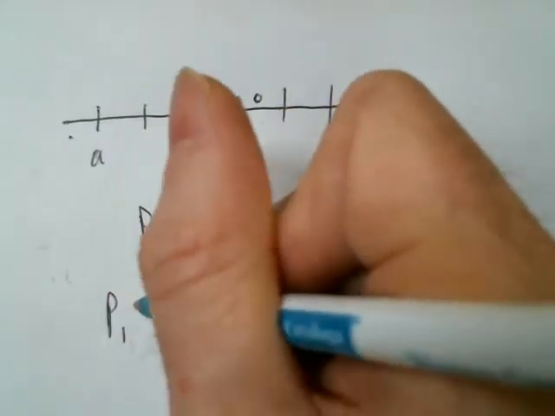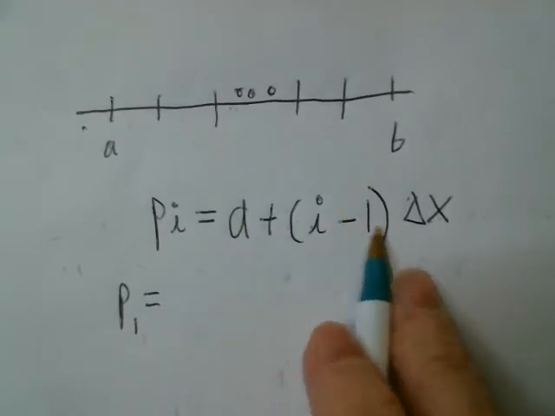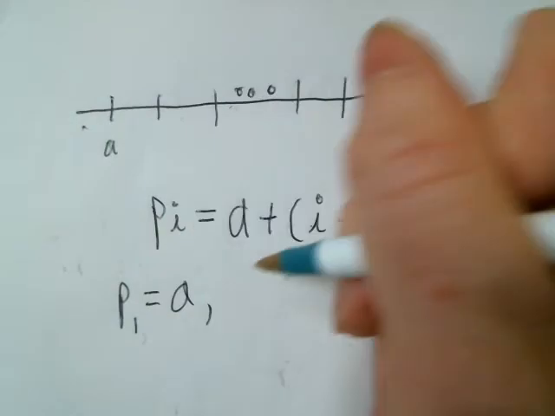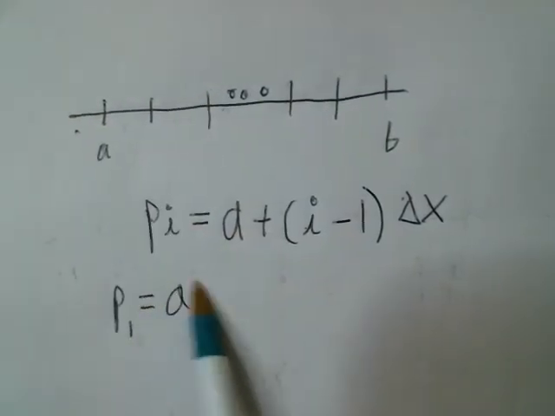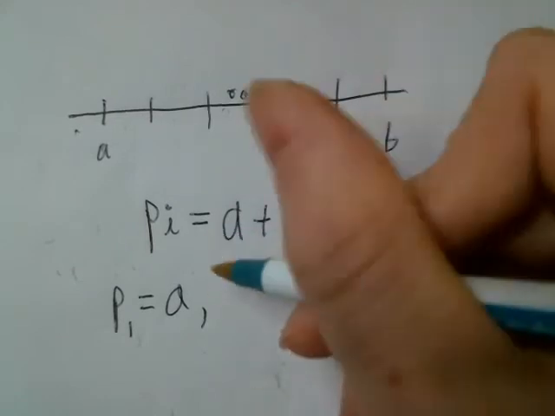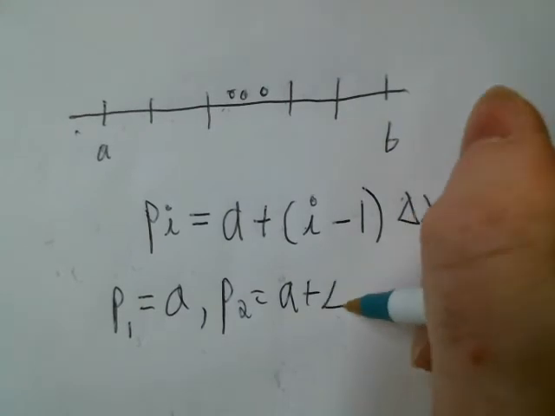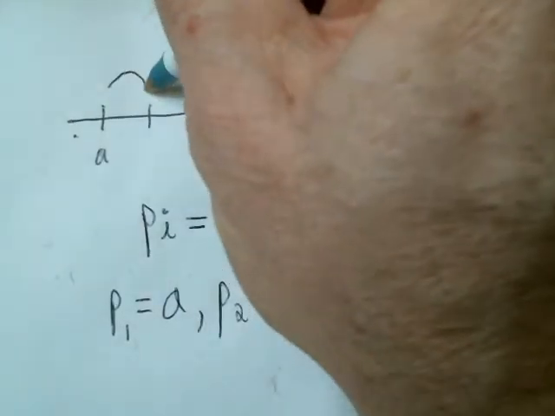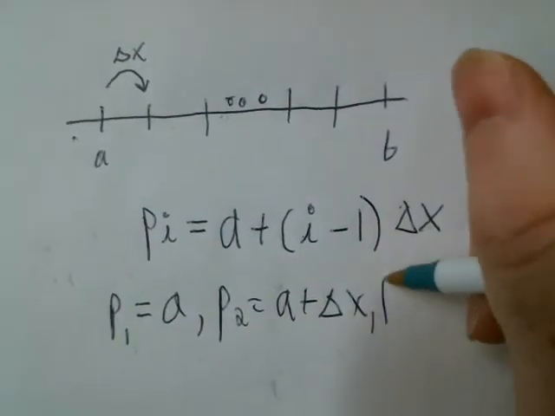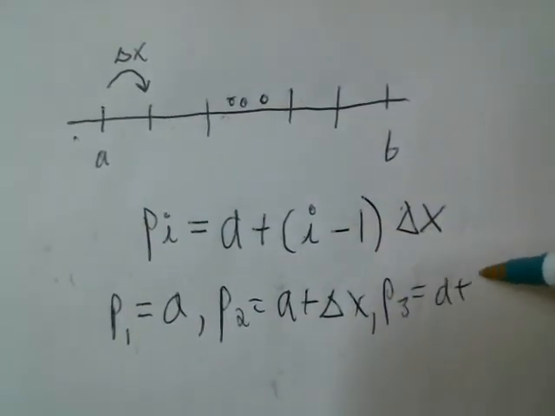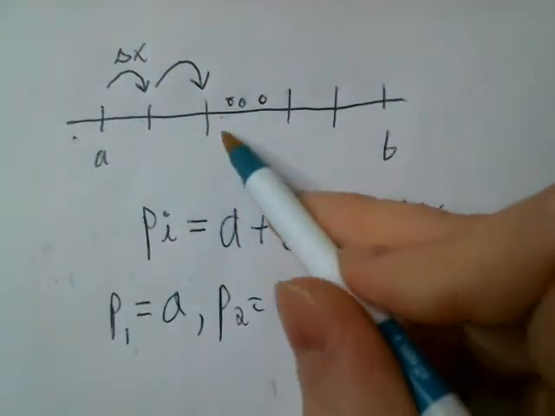So look, p sub 1 is going to be a plus 1 minus 1, which is 0, so that's just a. In other words, we're starting with the left endpoint when you use this formula. Okay, and then p sub 2 is going to be a plus a change in x, so that just moves you over by one change in x. And then p sub 3 is going to be a plus 2 change in x's, so that's going to give you this point right here.